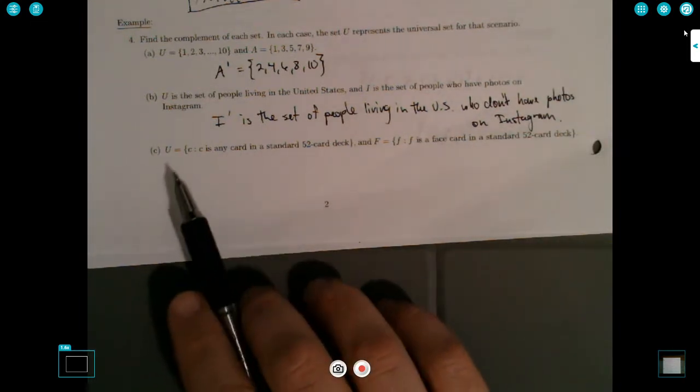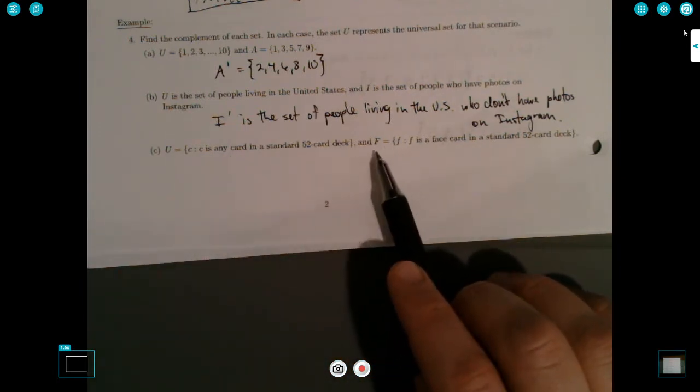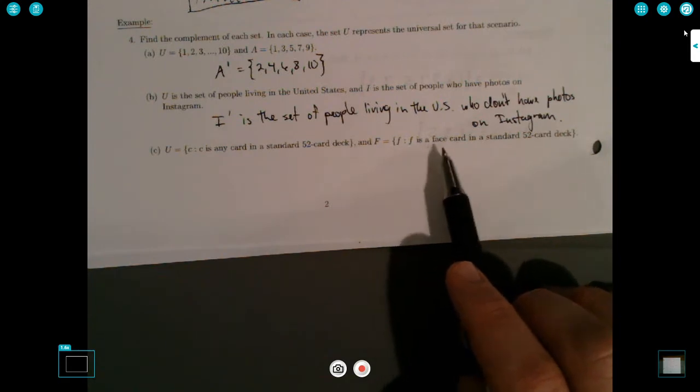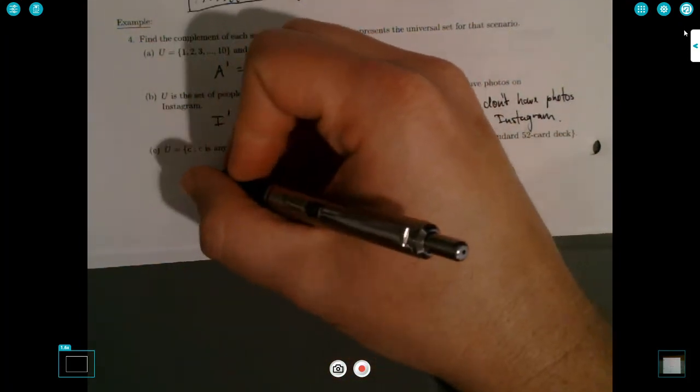Okay, last one. U is the set of all C, where C is any card in a standard 52 card deck. And F is the set of all F, where F is a face card in a standard 52 card deck. So what is F complement?